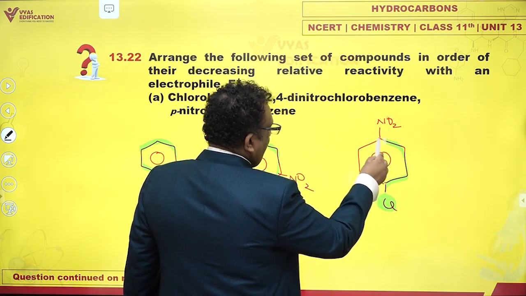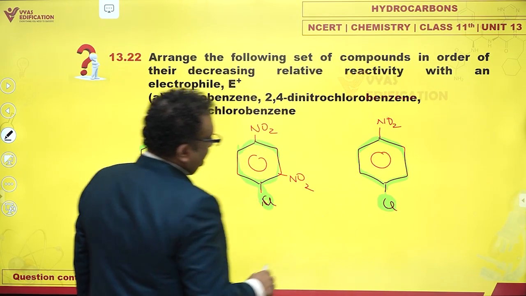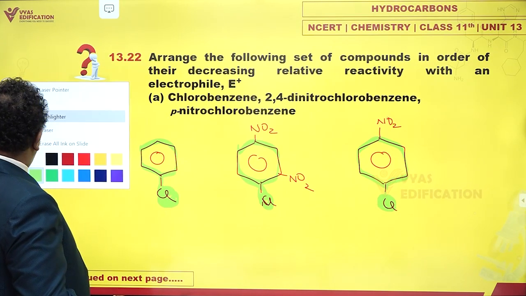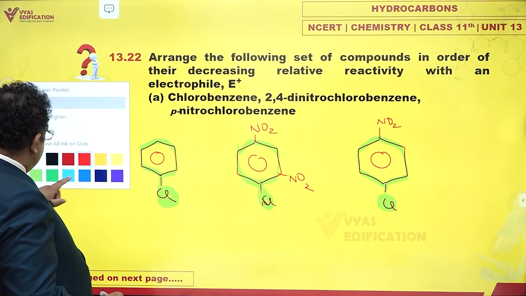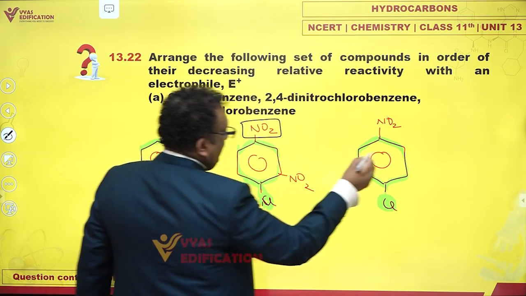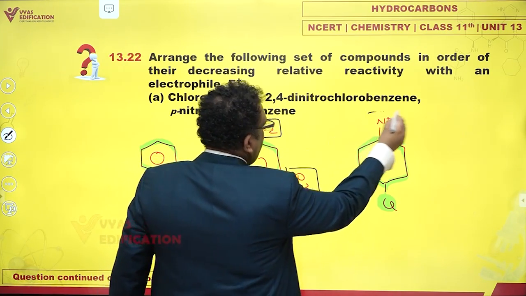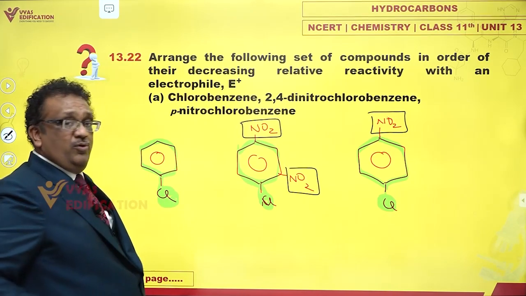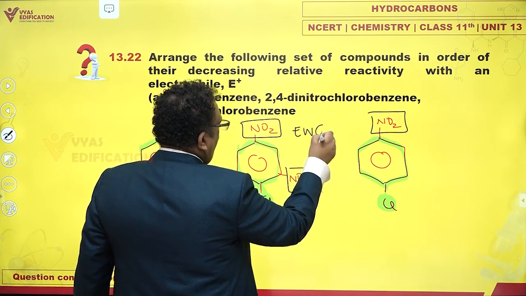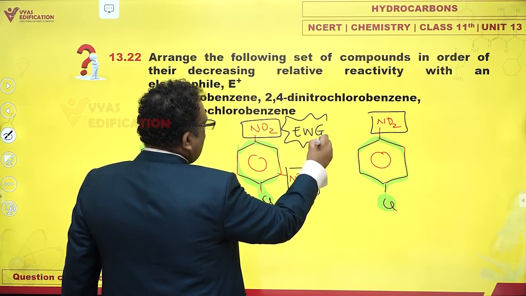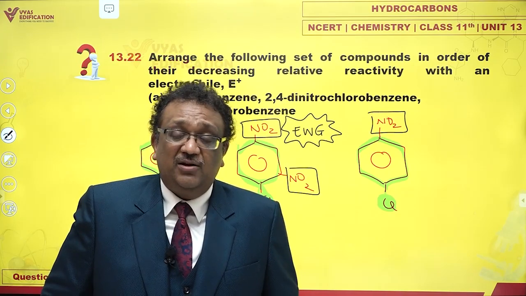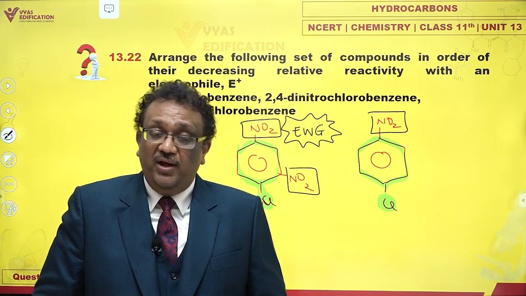It is the same chlorobenzene here also. There is no difference in chlorobenzene. The only difference, my dear, lies in nitro. There are 2 nitro groups and there is 1 nitro group, and here there is no nitro group. And NO2 is an electron withdrawing group, EWG. It decreases the electron density within the benzene ring.